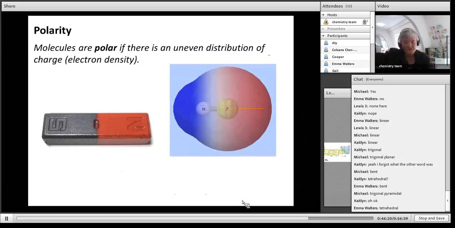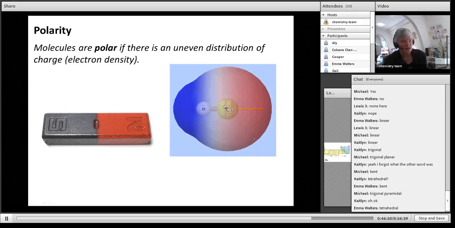The word polar comes from a bar magnet, where you've got a north pole and a south pole. So you've got a positive pole, represented as blue. It doesn't look blue, obviously, but we represent it as blue. A positive pole has not much electron density, and fluorine has a high electron density.